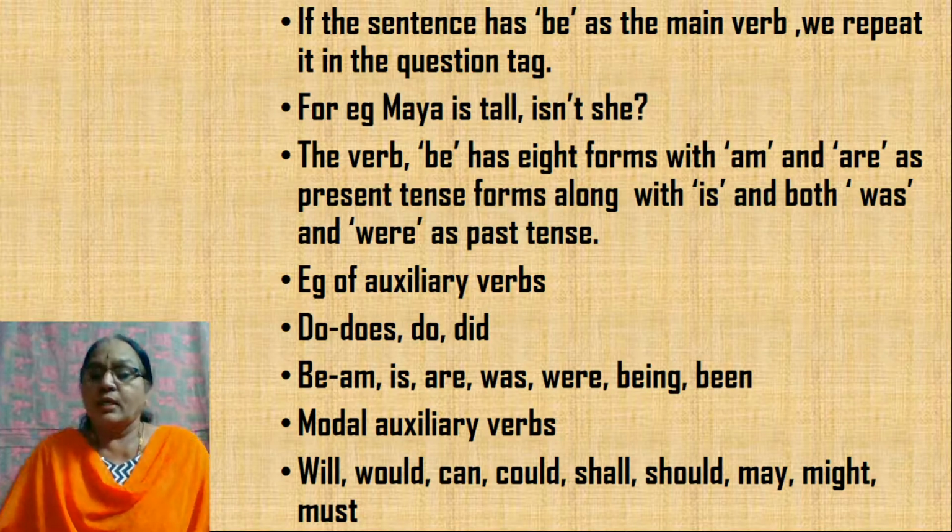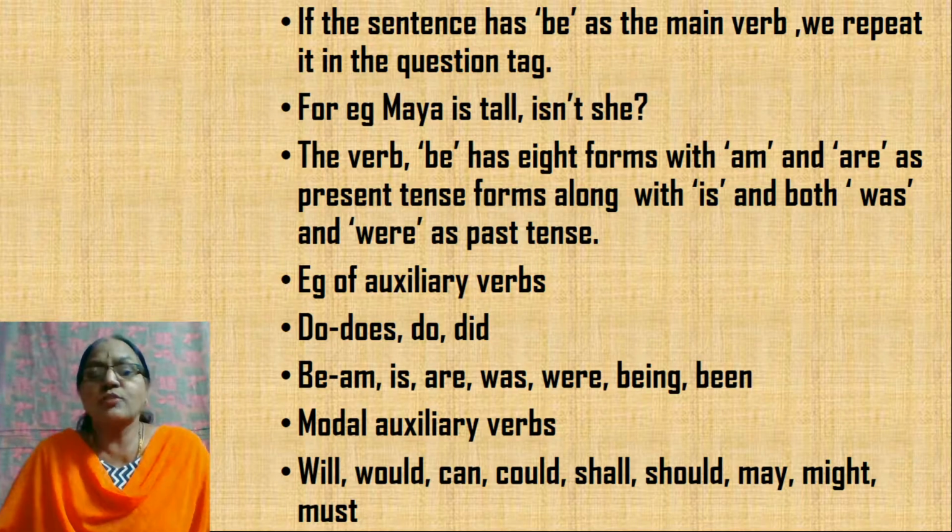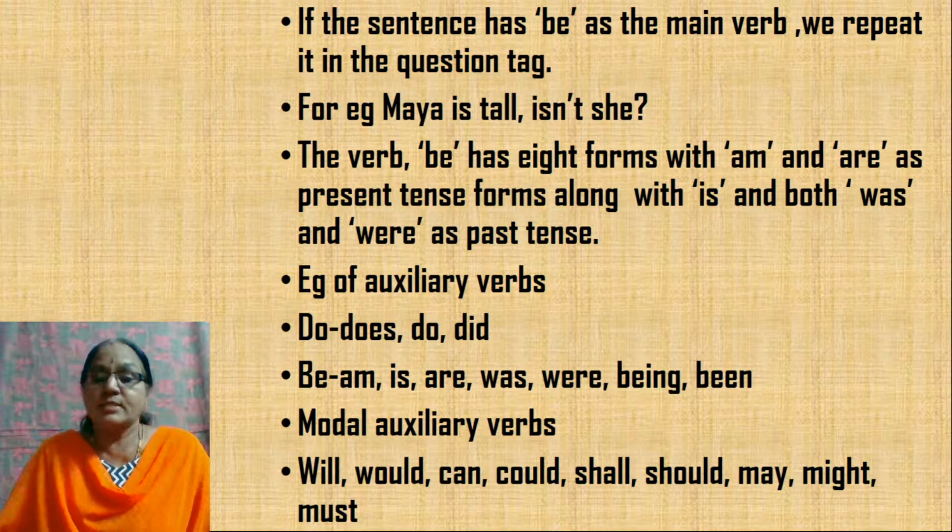Okay. Let's look at the examples of auxiliary verbs. Now, we have do, then we have does, did, etc. Then if it's a be verb, we have am, is, are. So these are all in the present tense. Then was, were, this is the past tense.